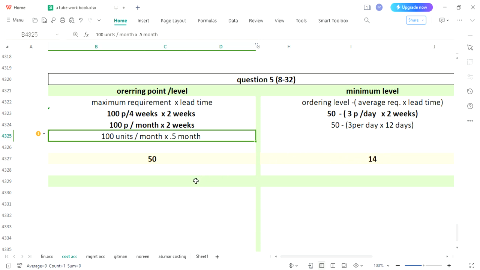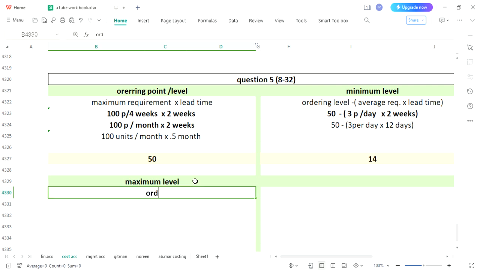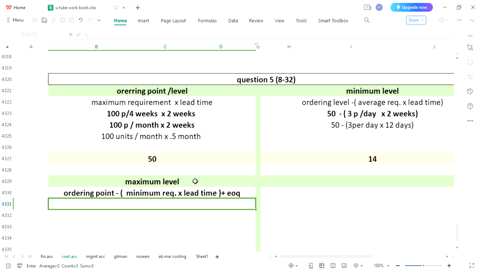2 points we have calculated, and now we are looking forward to our maximum level, and that has a formula. First we will see ordering point, and then minus, start your sign. You need to subtract minimum requirement, multiply by lead time, and finally you will add economic order quantity.